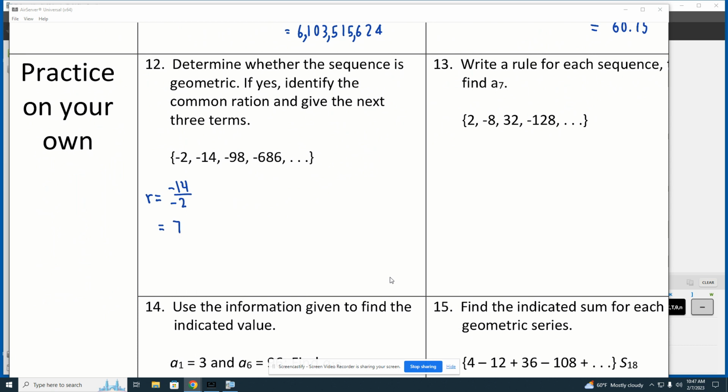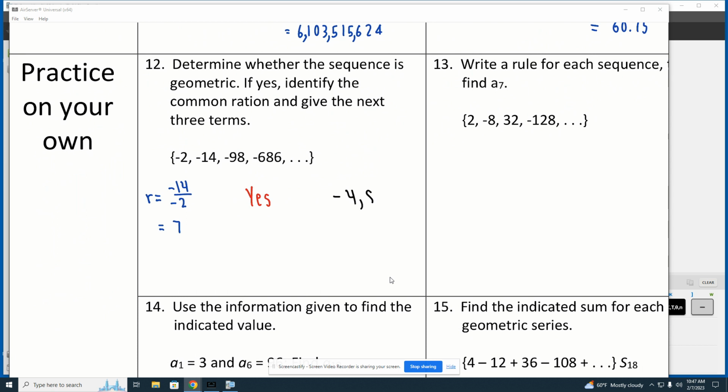So grab your calculator and go like this. Negative 14 times 7. Everybody do this with me. Negative 14 times 7. Negative 98 times 7. So do these match? So let's keep it rolling. What's negative 686 times 7?